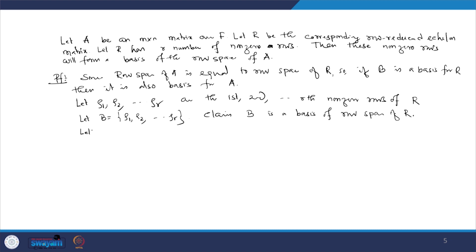Let the leading entries in row 1, row 2 and row r appear in columns K1, K2 and Kr respectively.